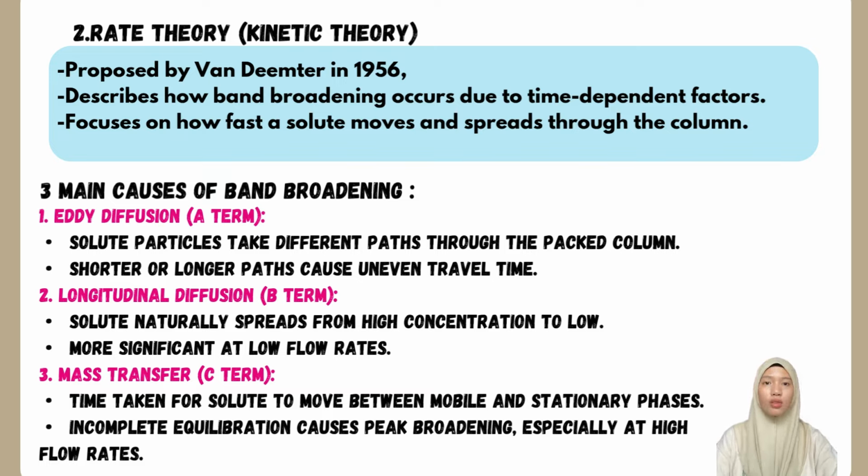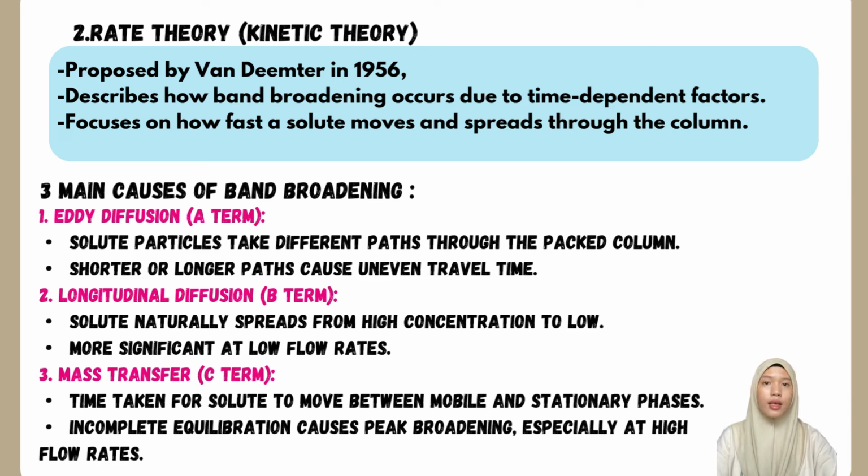Second is longitudinal diffusion, known as the B term. Here, the solute naturally spreads from areas of high concentration to areas of low concentration as it moves forward. This effect becomes more noticeable at low flow rates.